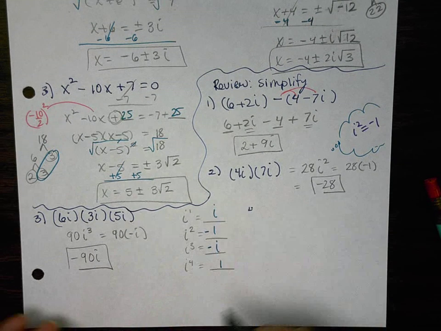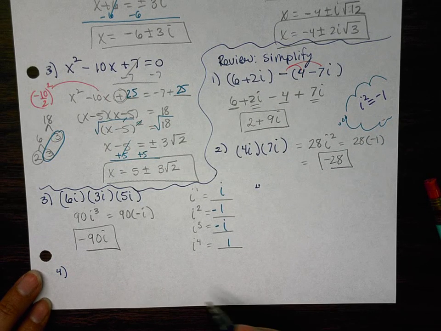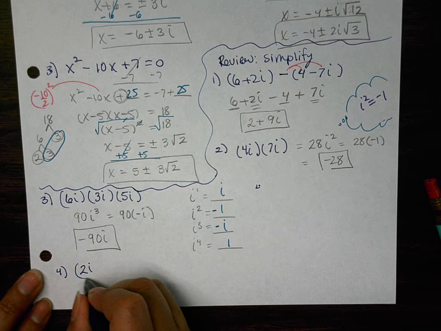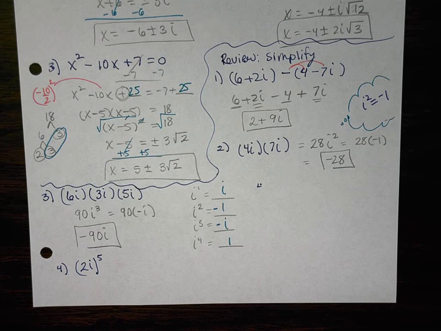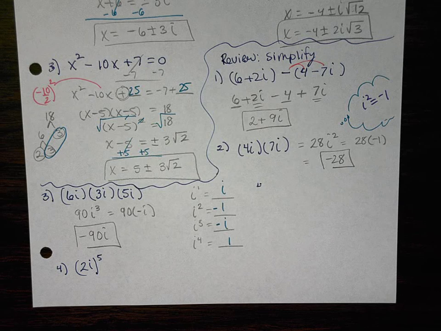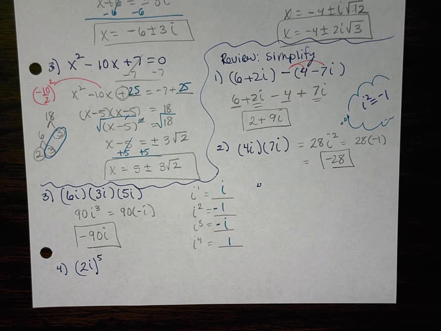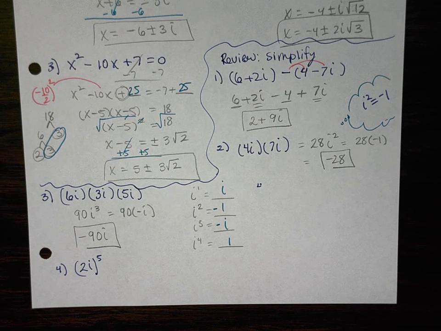Okay, I'm going to actually squeeze number 4 down here. 2i to the 5th. You have choices. You could write out 2i times 2i times 2i times 2i times 2i, 5 times, and multiply. But because there is no plus or minus sign inside the parentheses, am I allowed to distribute that exponent?